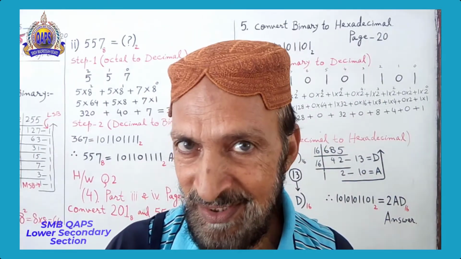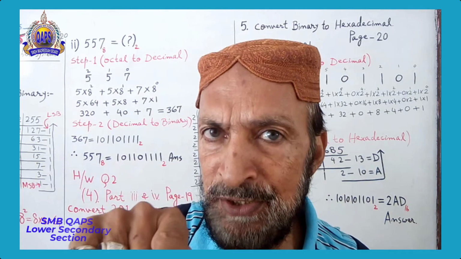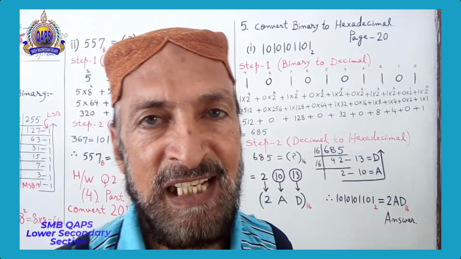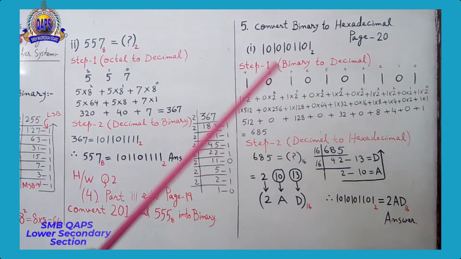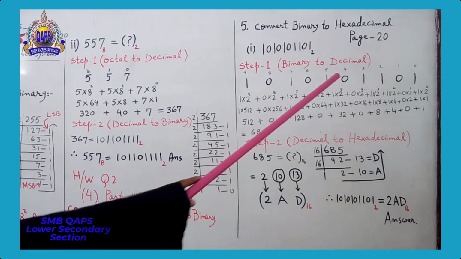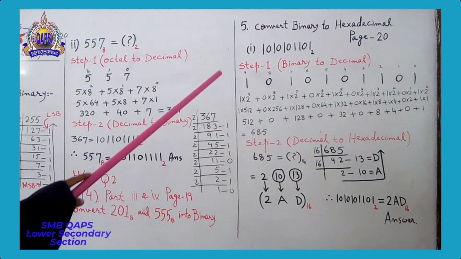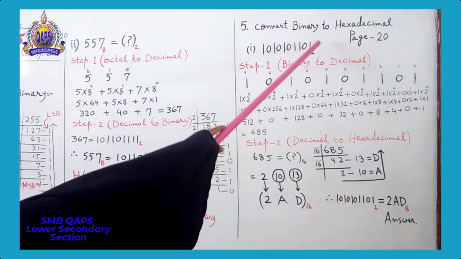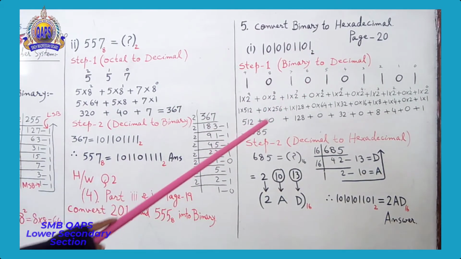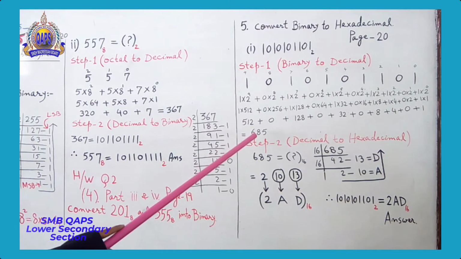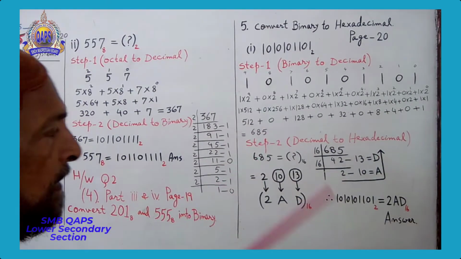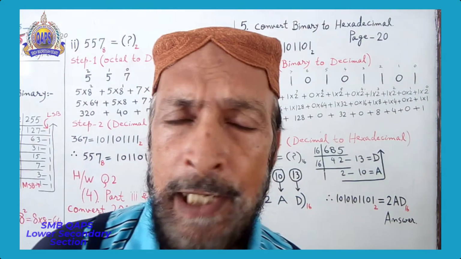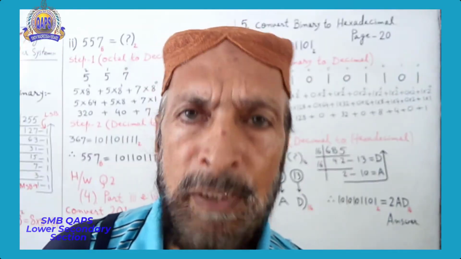But step 2, I will explain in detail. When we converted this binary number into decimal, the answer is 685. Understand? 685, it's a decimal number.